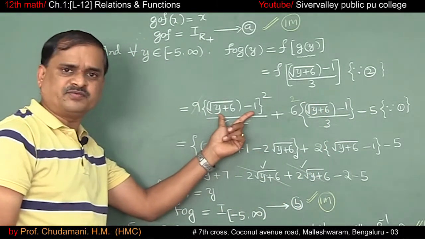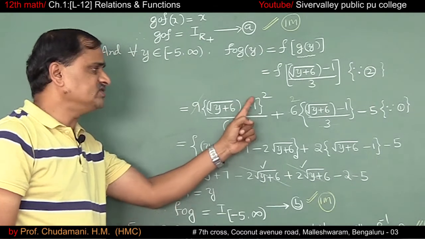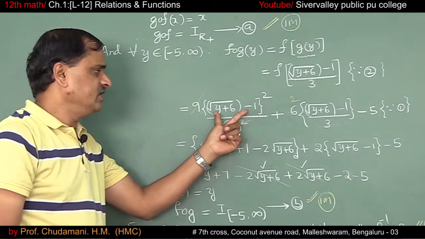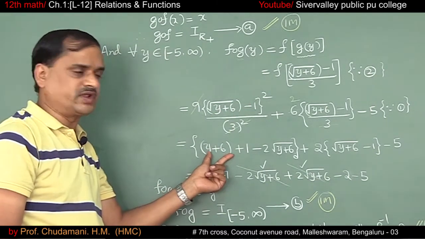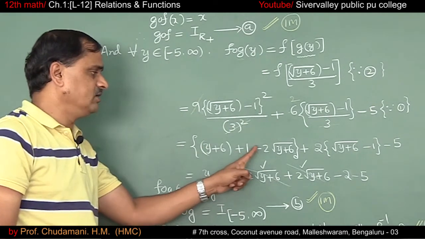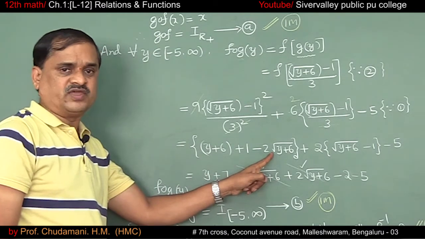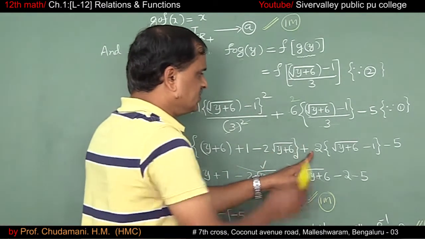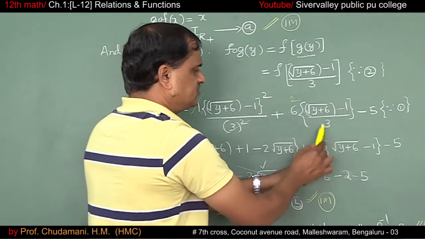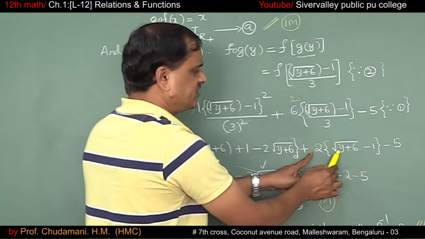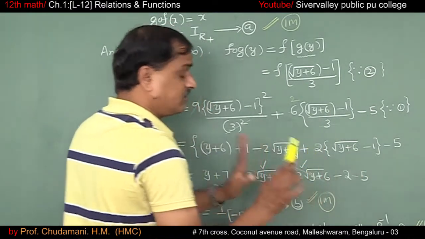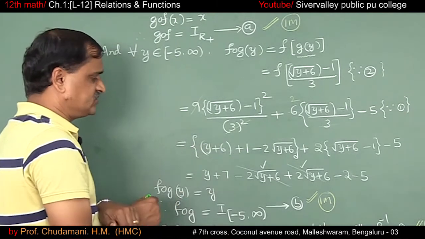This is of the form a minus b the whole square. a square, the square and the square root get cancelled. b square means 1, minus 2ab, 2 root y plus 6, plus 2 into this means 2 root y plus 6, minus 2, minus 5, minus 1, minus 5 as it is.